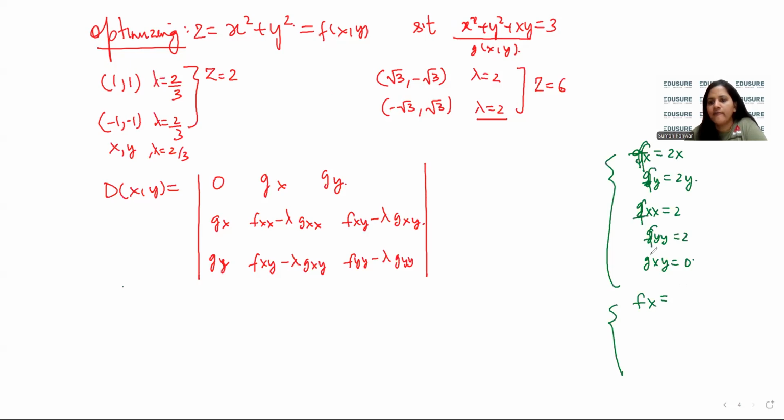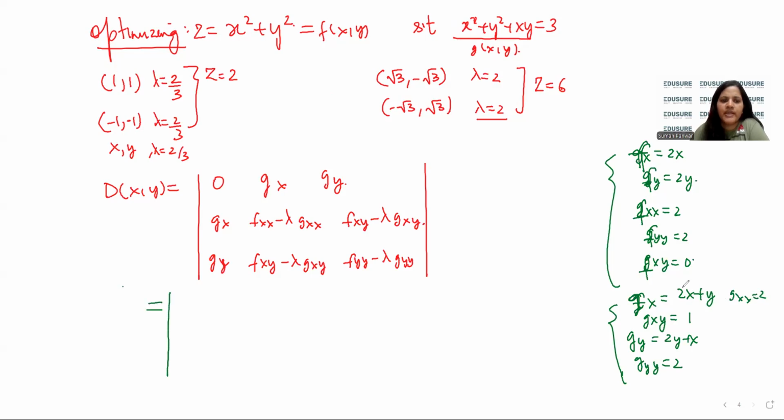For G, we will have G of x is 2x plus y, then G of xy would be 1, G of y is 2y plus x, so G of yy would be 2, and similarly G of xx would be 2.